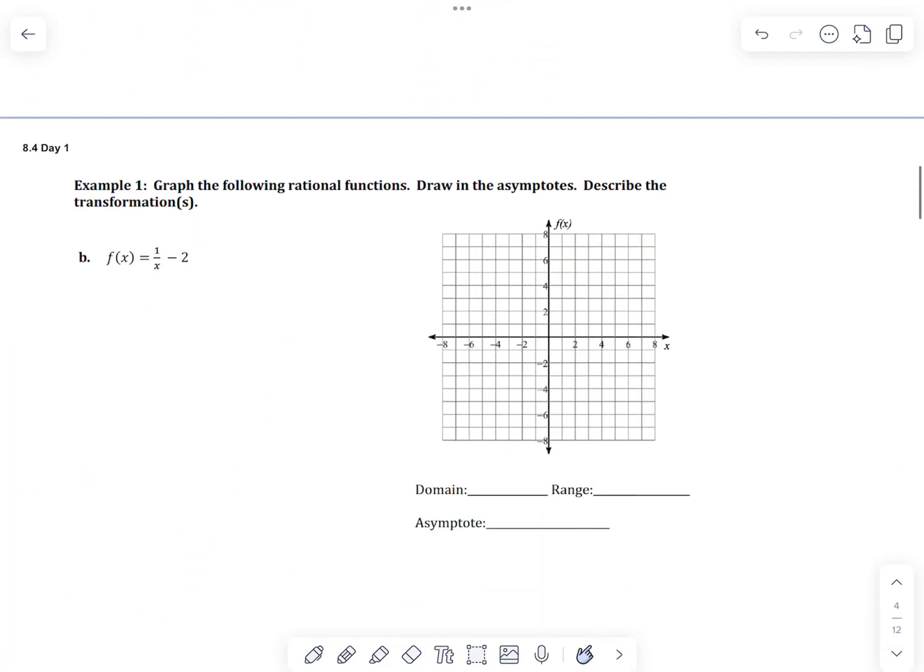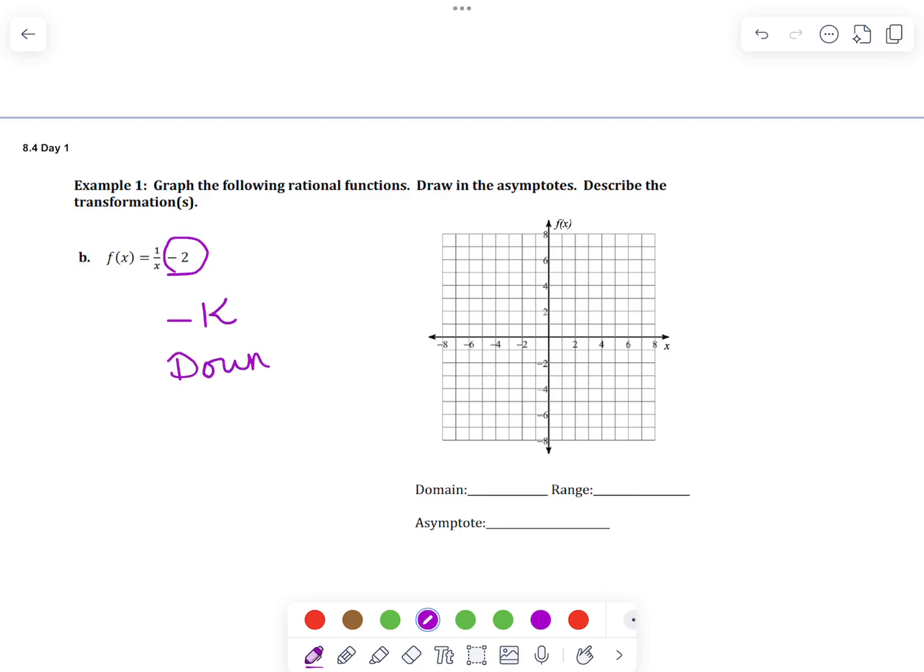All right, here's another one. This time now we have a minus 2. So minus k is going to move it down 2 units. So we create our horizontal asymptote at y equals -2. And then we did not move left or right, so that stays as x equals 0. And then we create our 2 points.